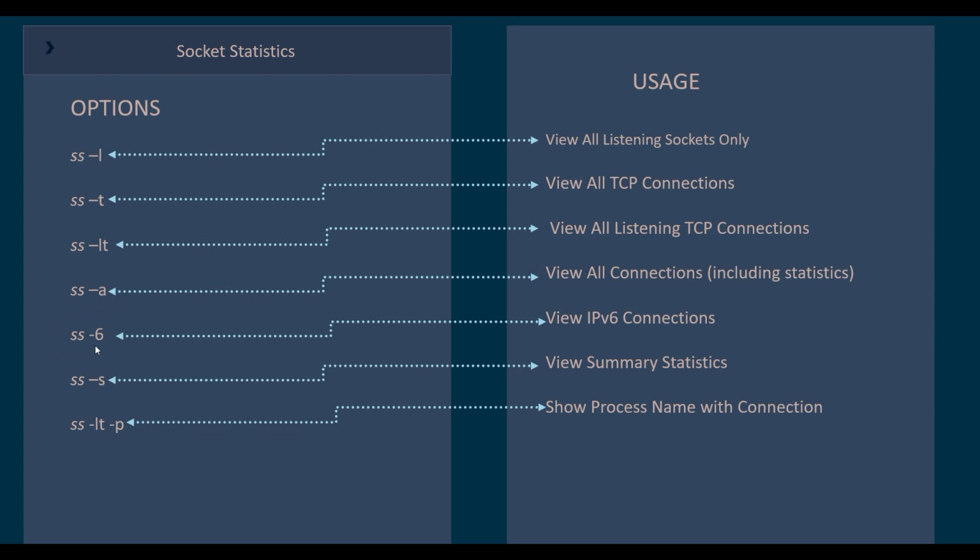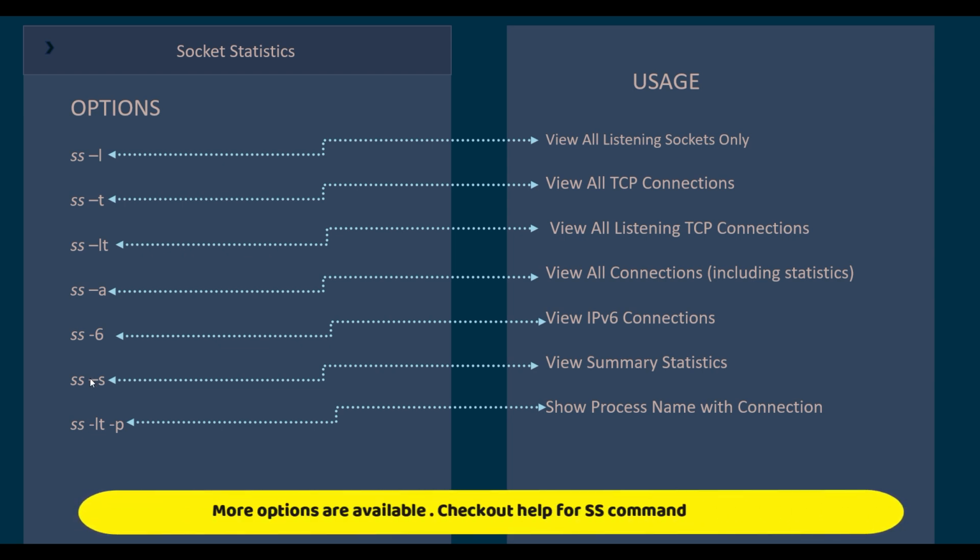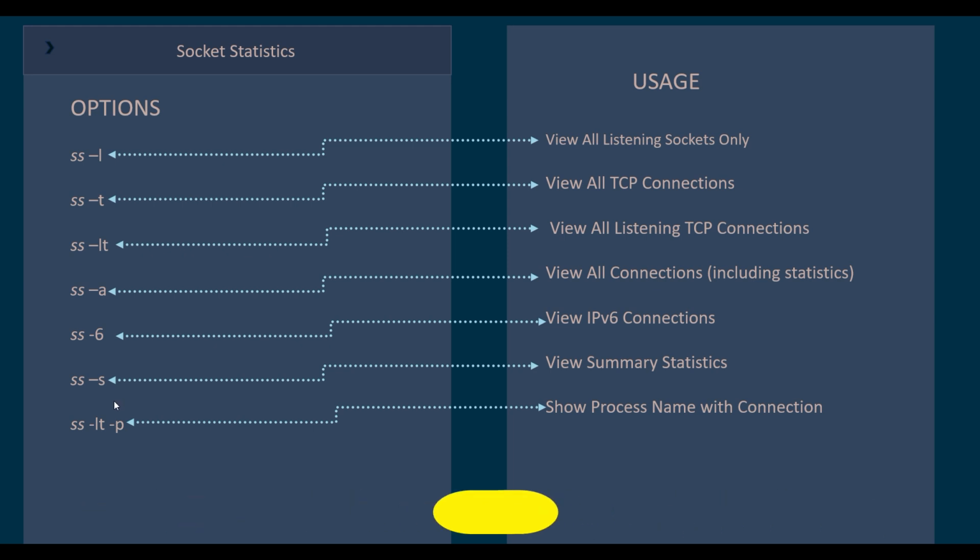If I provide 6, it will only show me the IPv6 connections. If I provide S, it will show me the summary. If I provide the LT option with another filter, that is P, P is for the process name, so it shows the process name with their connection.